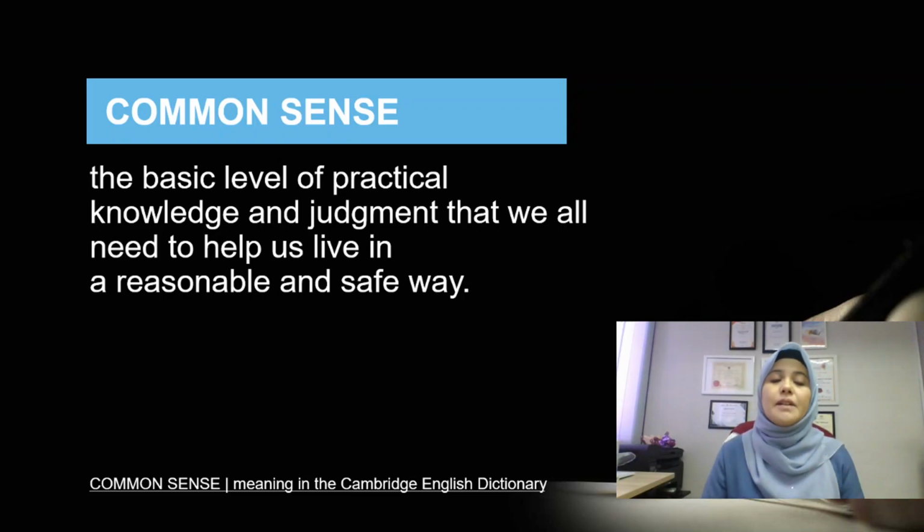It is a basic level of practical knowledge and judgment that we all need to have to help us live in a reasonable and safe manner. It's something that is common. Everybody's supposed to know about it. Let me share with you some of the common sense. I'm giving you only online common sense and also maybe some public space common sense.